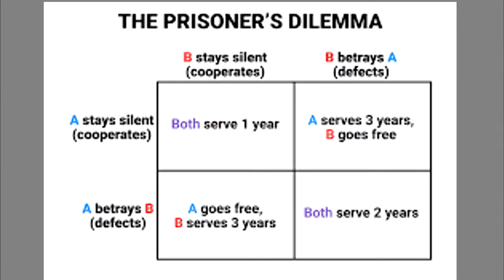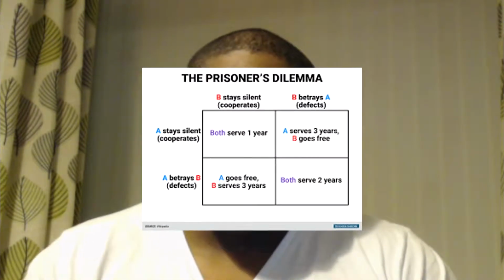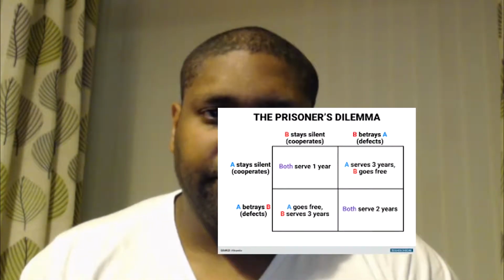Imagine 2 people arrested by the police, both being interrogated about a crime. So, option 1: prisoner A says nothing, and prisoner B says nothing.